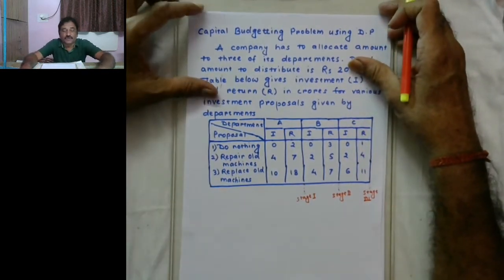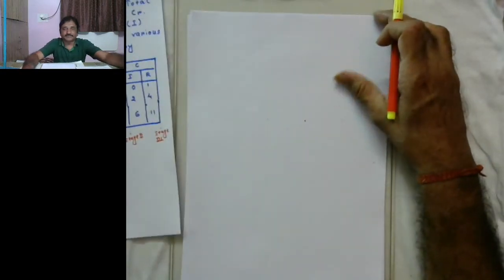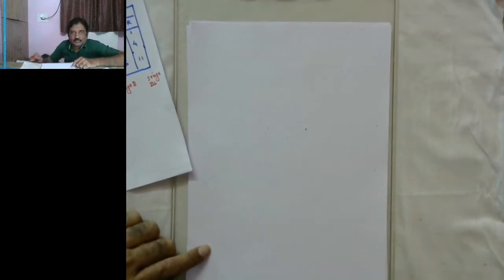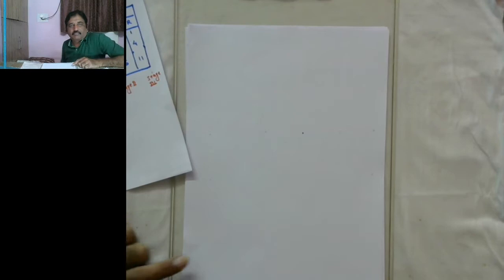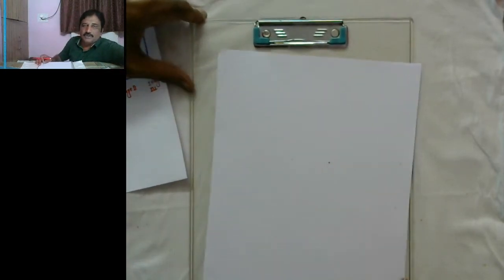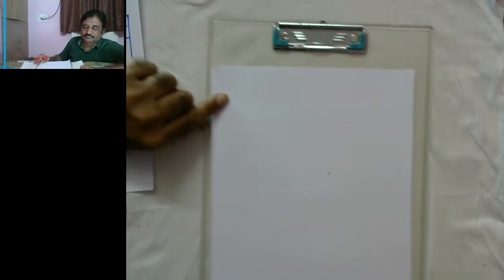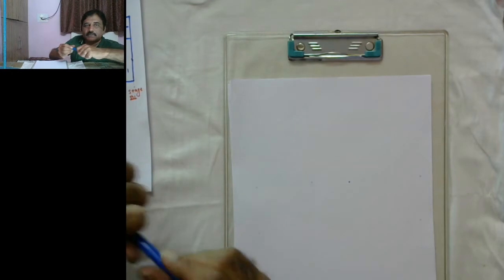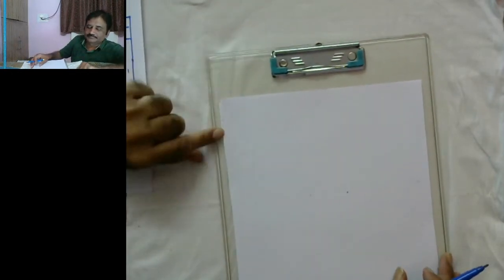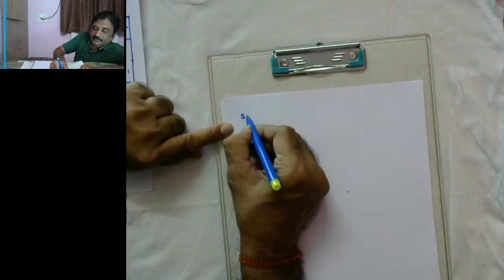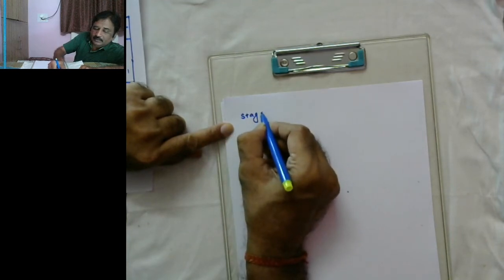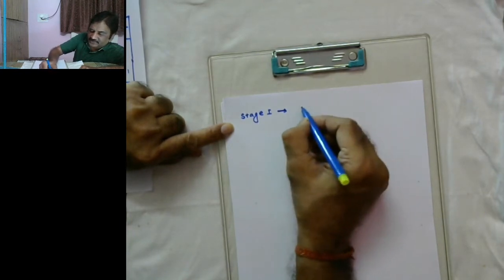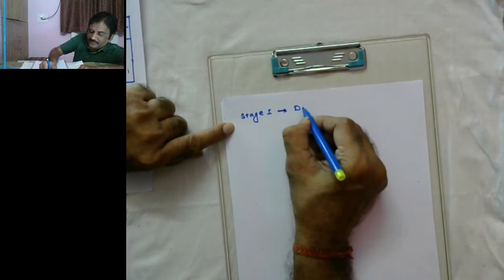Okay, so first stage, only department A. Stage one. And to understand the stage further, here it is possible to name the stage, that is department A.